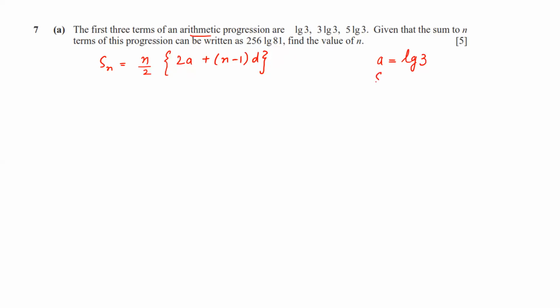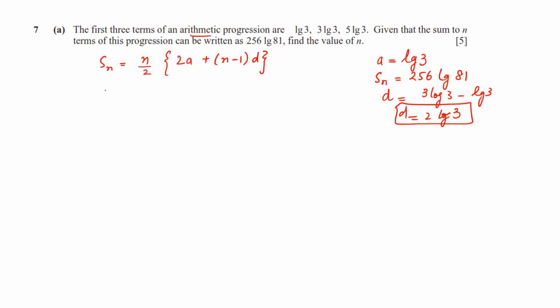The sum to n terms S of n is given as 256 log of 81, and the difference between two terms is 3 log of 3 minus log of 3. This comes out to be 2 log of 3. This is the difference, d.